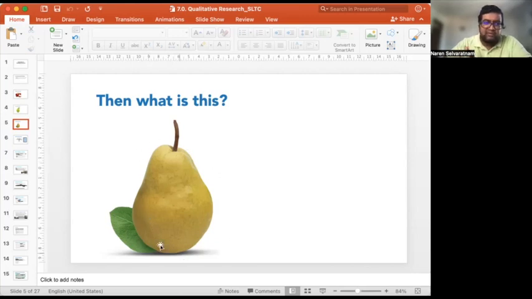At the same time, this is slightly more elongated compared to the previous round, spherical shape apples that we just looked at. And this also has a little thing on the top, but we know this is not an apple. This is a different type of fruit. But now the thing is, I want to know what went through your mind for you to come up with this idea that this is an apple or this is a pear.